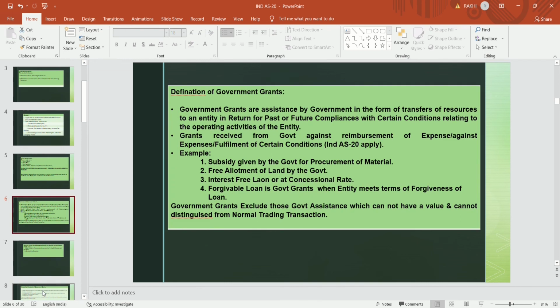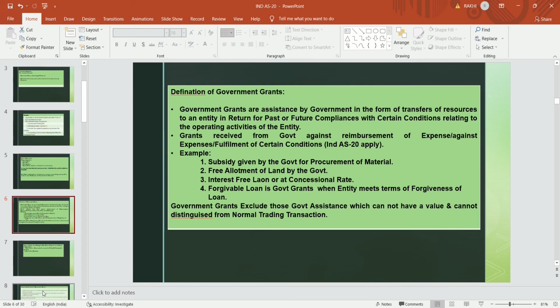Definition of government grant. What is a government grant? Government grants are a kind of assistance given by the government in the form of transfer of resources to an entity in return for past or future compliance with certain conditions relating to the operating activity of the entity.